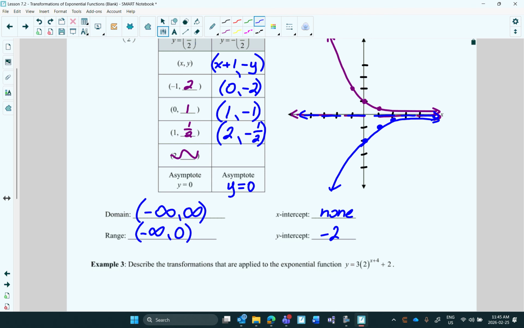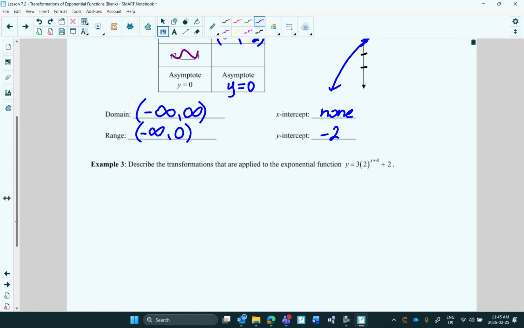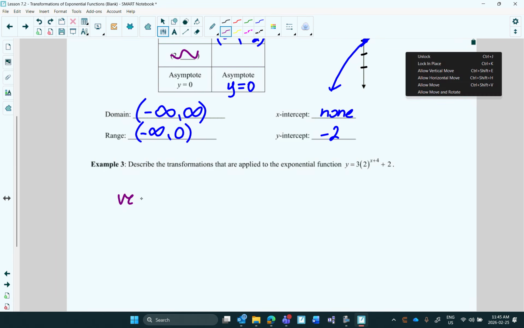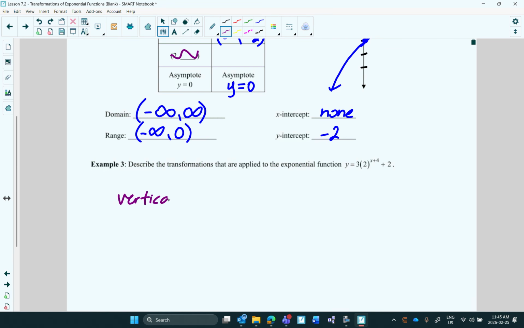And finally, the last one. We've done ones like this before, just using words. Remember, you have to describe flips and stretches before shifts. What's happening here? Vertical stretch. Don't forget the word factor of what? 3.